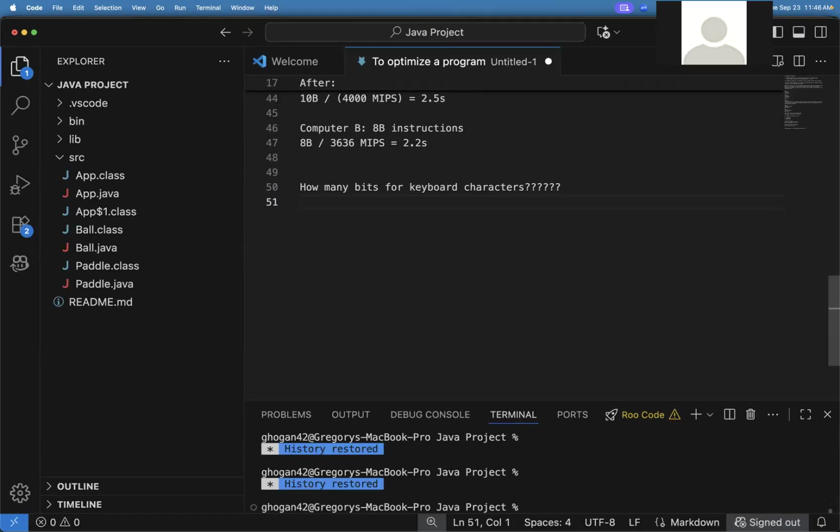Well, think about it this way. First of all, you have your letters, right? Lowercase, that's 26 letters. So we're just adding up how many things we need. We need lowercase letters, 26 of them. Uppercase letters, 26 of them. Digits, that's 0 through 9, so there's 10 of those.